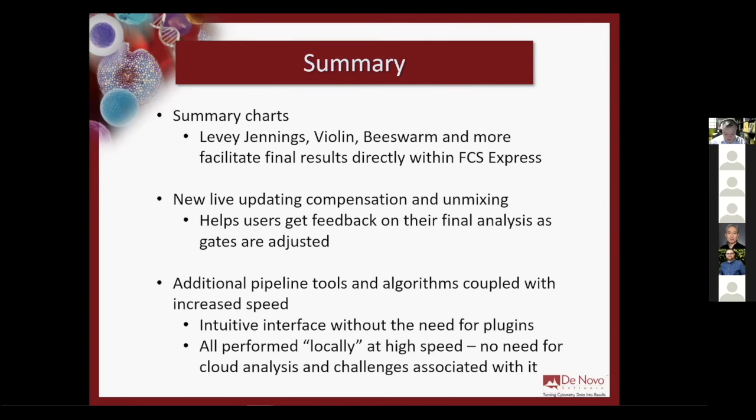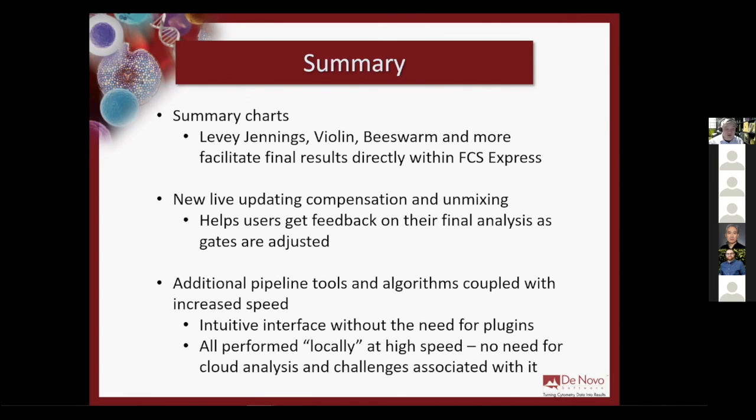And again, carrying on from the discussions earlier, where there was talk of processive versus interactive, FCS Express has had this for a long time, and it utilizes these new pipeline tools and algorithms coupled with increased speed. So you can work in an intuitive interface, no plugins, no R scripting.